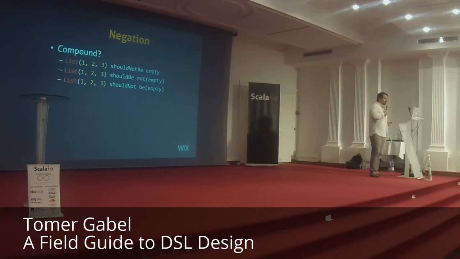Another thing we can do is add a not modifier that is a function that takes a predicate and negates that predicate. And then we have the should be in place, should be not empty. It's a bit awkward in terms of English, but there are reasons to do it like this, as I'll show you. A third option would be, we have this list and it should not be empty.